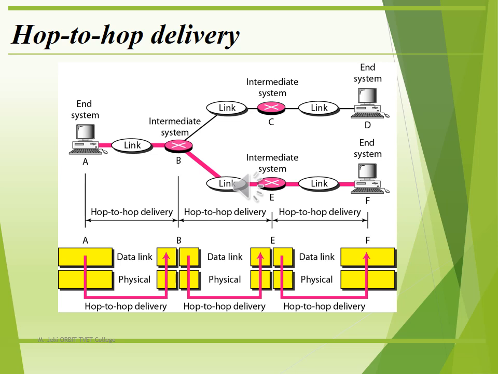Those are called hops, from one device to the next. So that is the purpose of the data link layer, to make sure that those packets or frames are transmitted from one node or hop to the next.